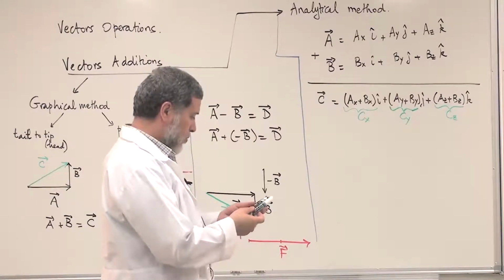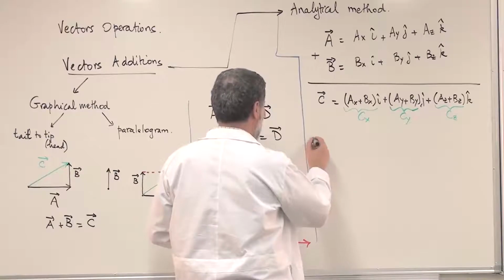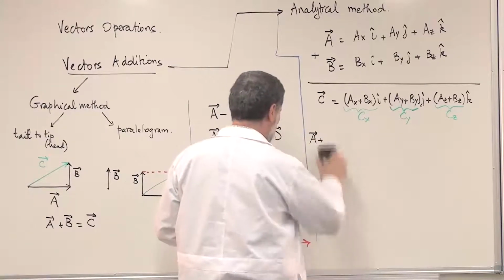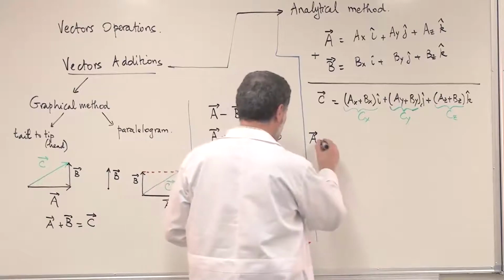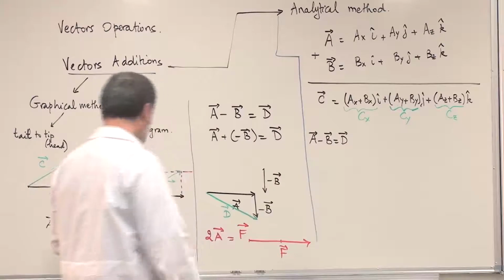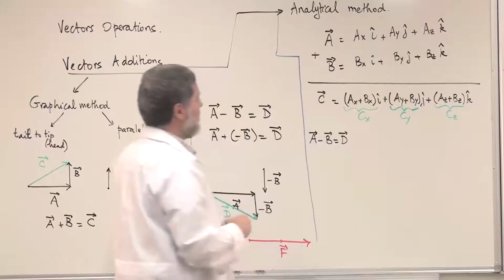If you want to subtract the two vectors, if you want to do A minus B, or B minus A, so A minus B, in this case A minus B will be another vector. We called it D. If you remember, there was a vector D here, and this is the analytical method.